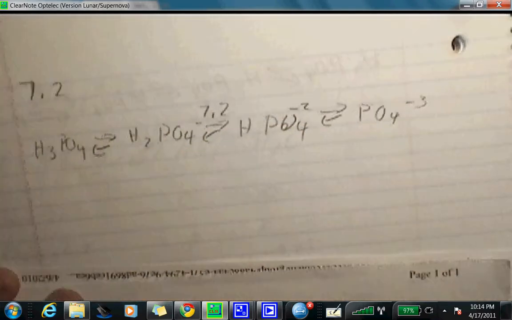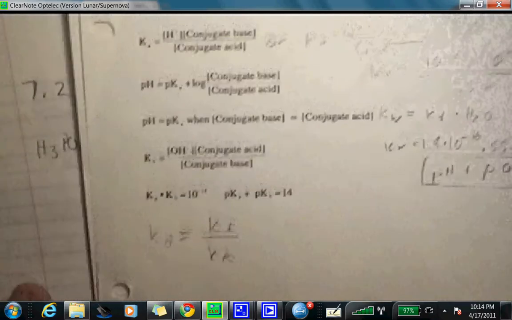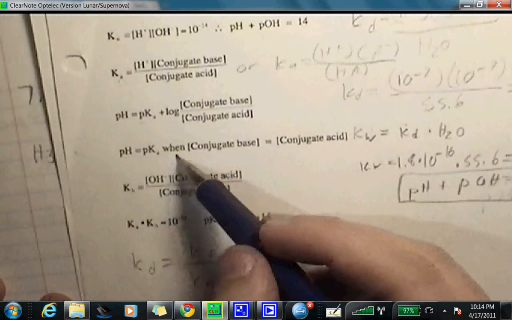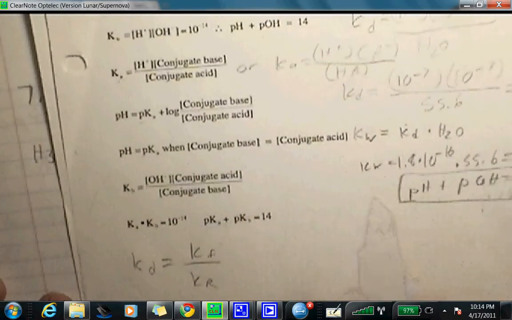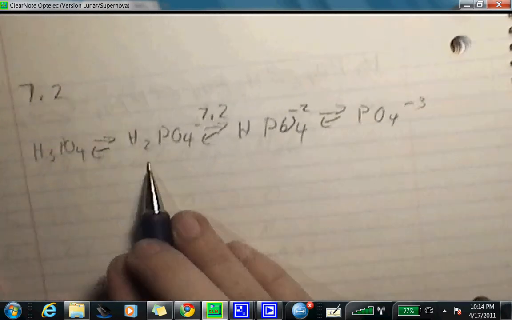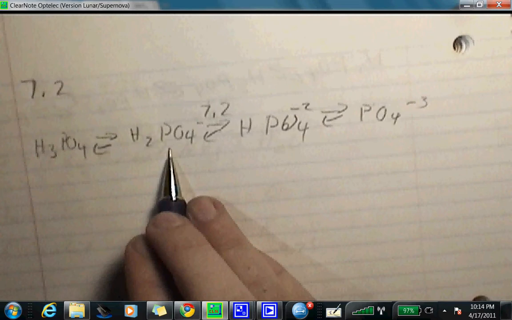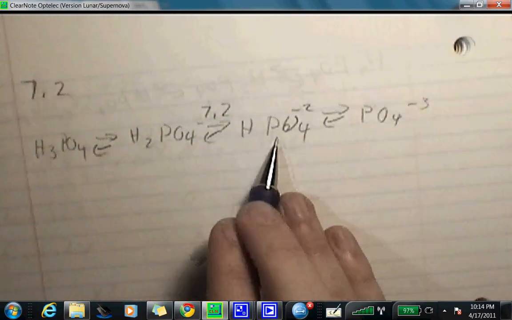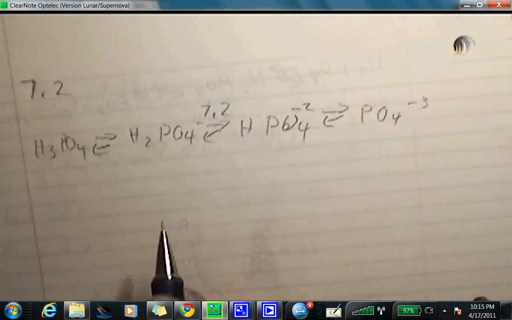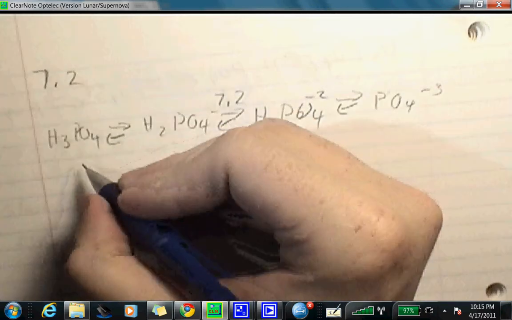Now, if we look back at our equations, we notice that pH equals pKa when conjugate base equals conjugate acid. What does that mean? That means when pH equals pKa, this amount is equal to this amount. So that means half of this and half of this currently.